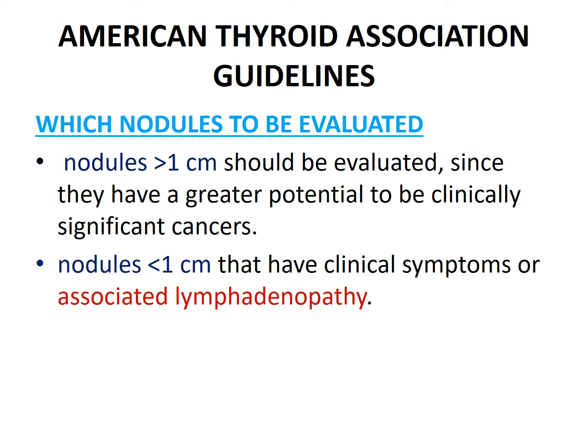Again, according to the American Thyroid Association guidelines, nodules which are less than 1 centimeter but have clinical symptoms or associated lymphadenopathy must also be evaluated. So it is not only the size, but also the presence of associated symptoms and associated lymph node enlargement that makes it necessary for these nodules to be worked up further.